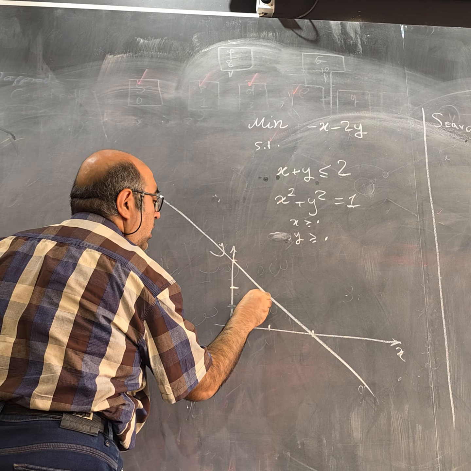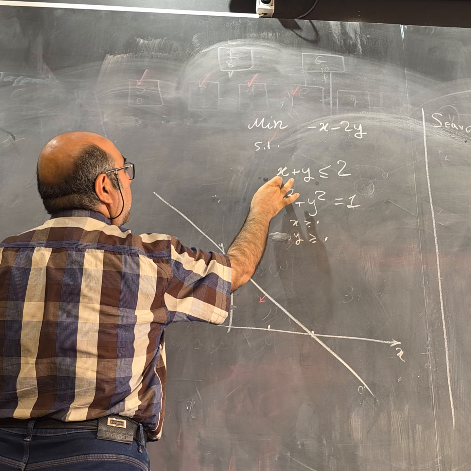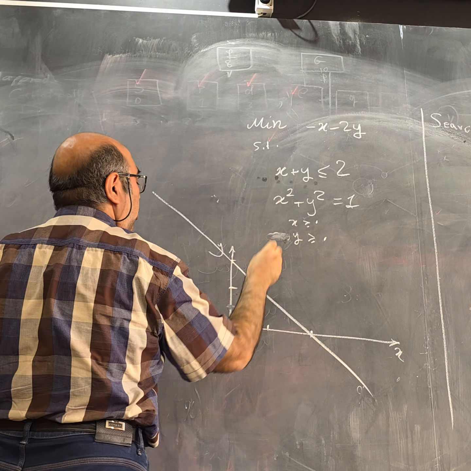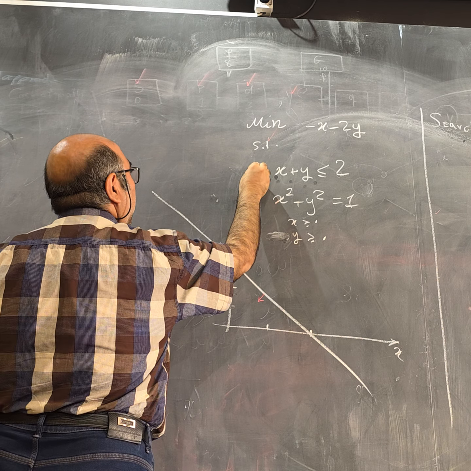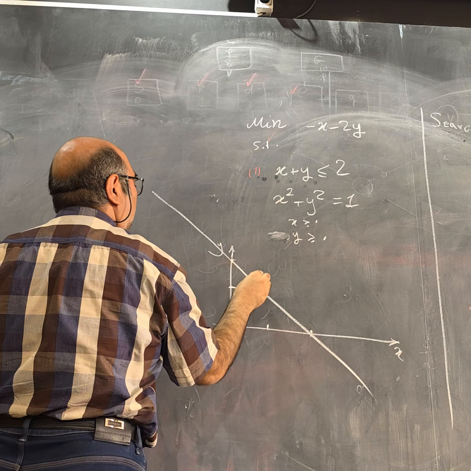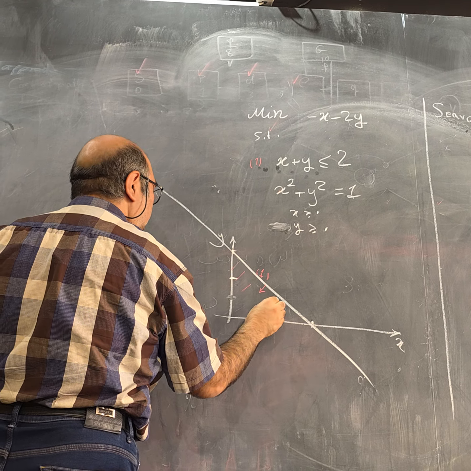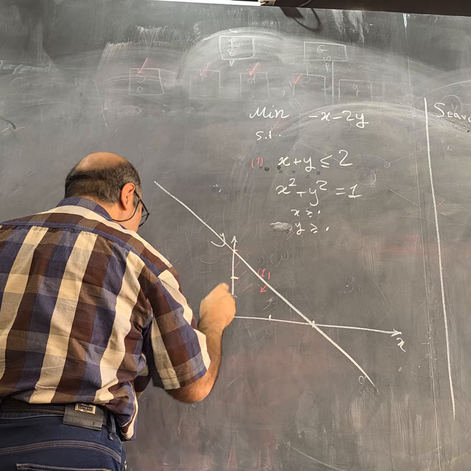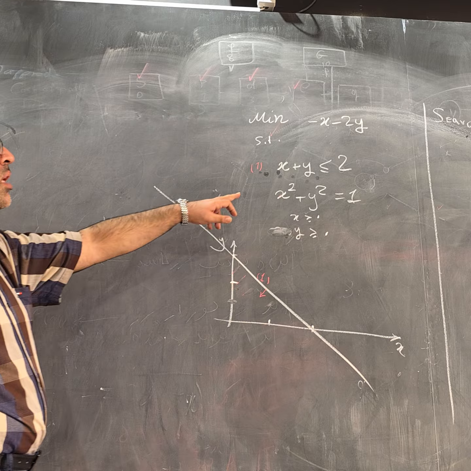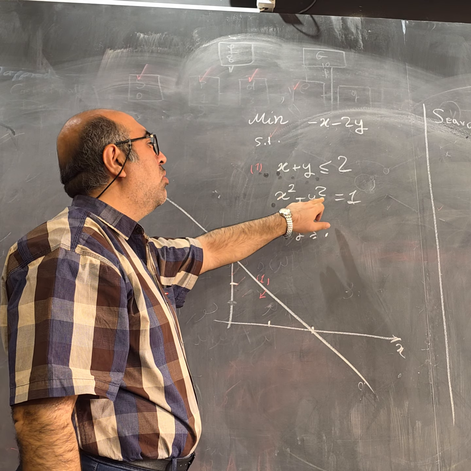I need less than 1. x plus y less than 2. This is constraint 1. Now, for the second, x squared plus y squared equal to 1.